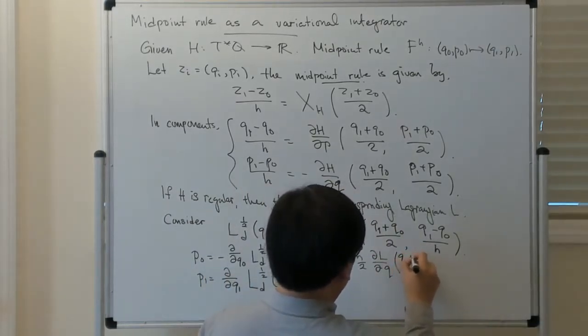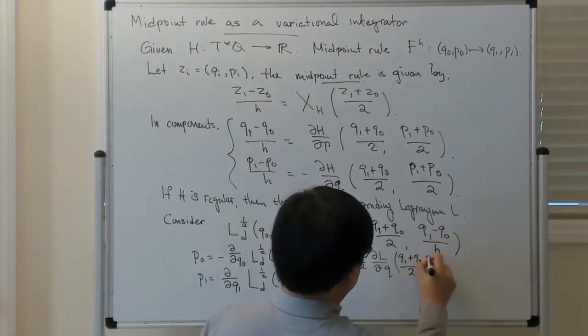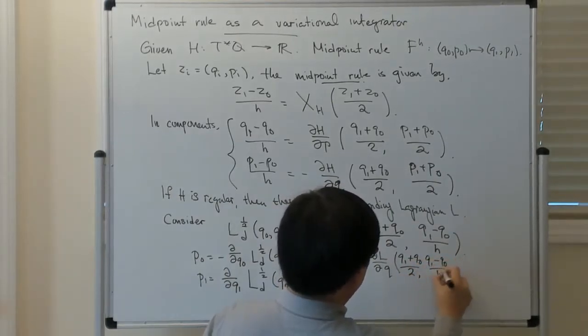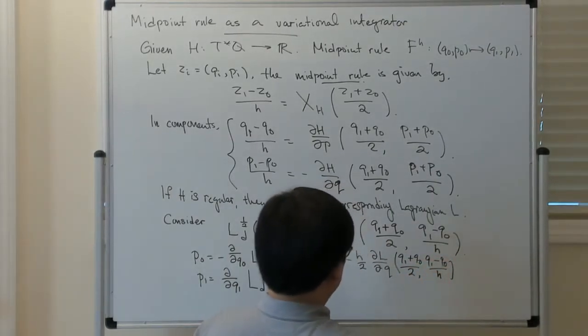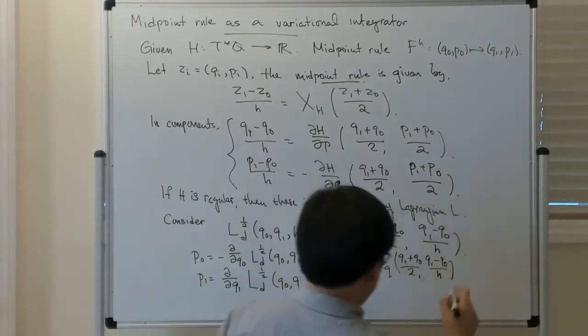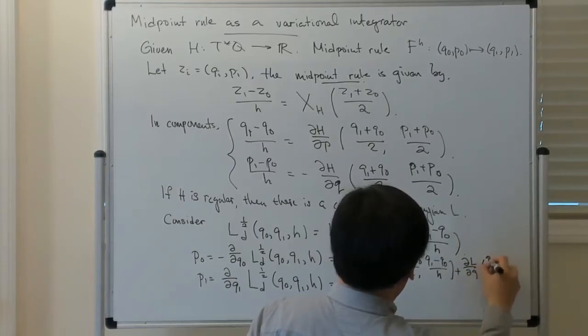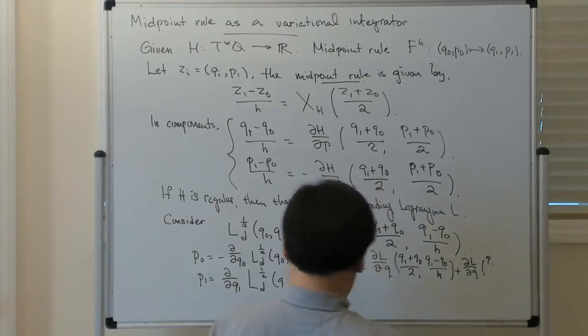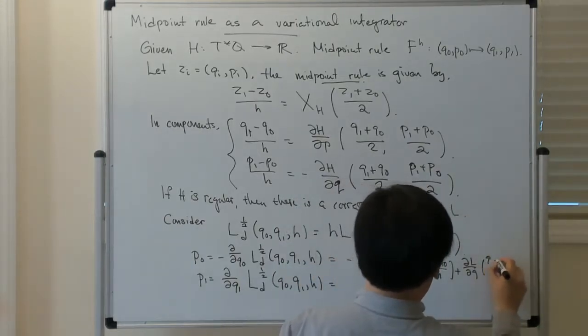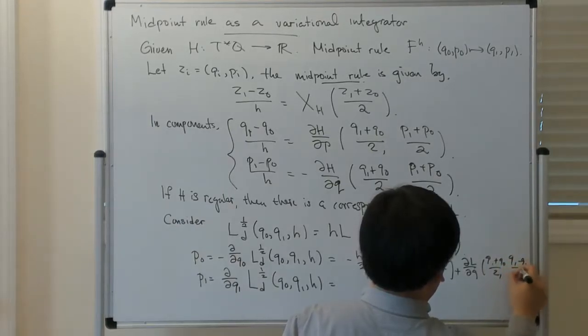Okay, (q1 plus q0) over 2, (q1 minus q0) over h. And then now there's a term which involves the derivative with respect to the velocity, all right? Plus dL/dq-dot, (q1 plus q0) over 2, (q1 minus q0) over h.